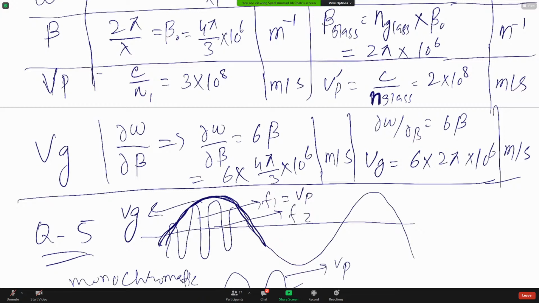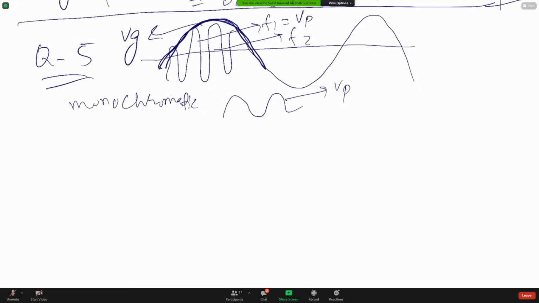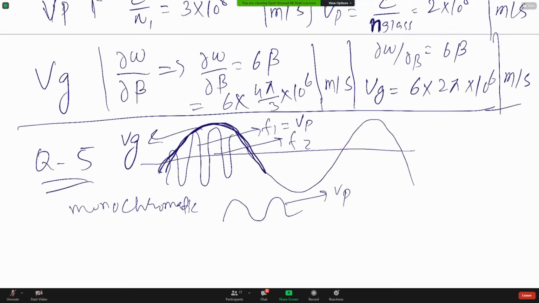But the Vg would be the same for both of them, right? For the glass and for the air? No, it's different. That's because it's dependent on the value of the phase constant.